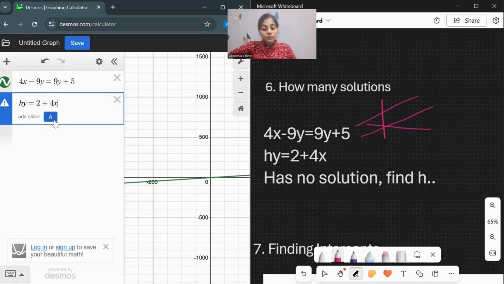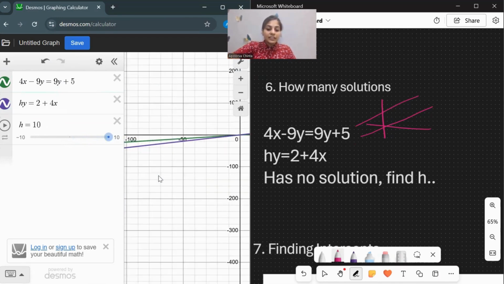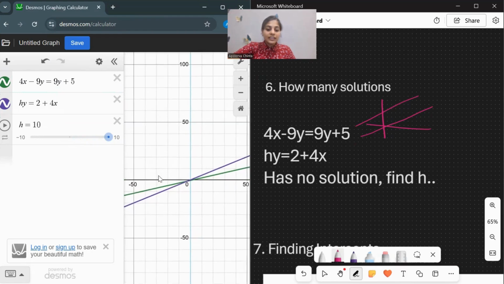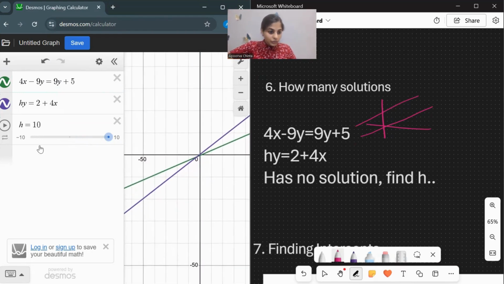Since we don't know the value of h, we will add a slider. Now we need to adjust the value of h in such a way that we get a line parallel to the given line. So here the line is intersecting, but we need a parallel line. I can go to the minus 10 or plus 10 and click on that, which gives us an interval of values.